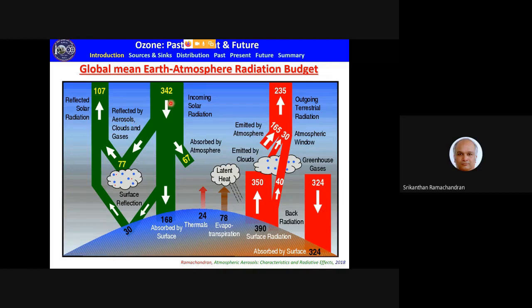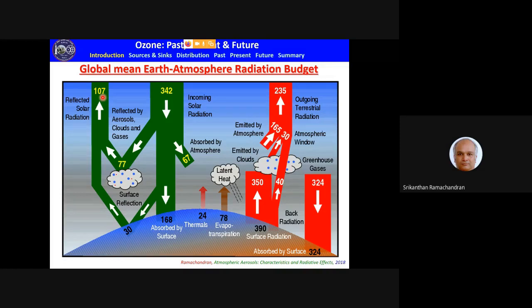Out of the 342 that we are receiving, the reflection by aerosols, clouds and other gases, including the surface, sends back about 107 watt per meter squared, which is one third of what we receive. That is called the planetary albedo of the Earth.